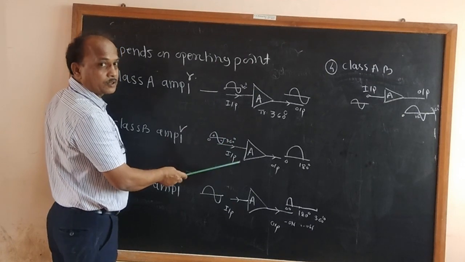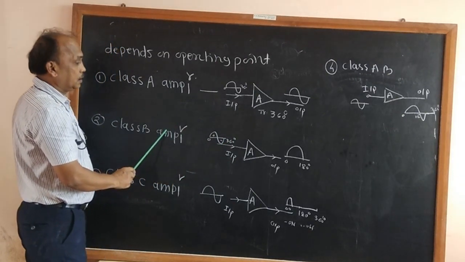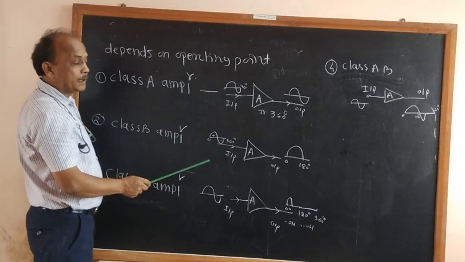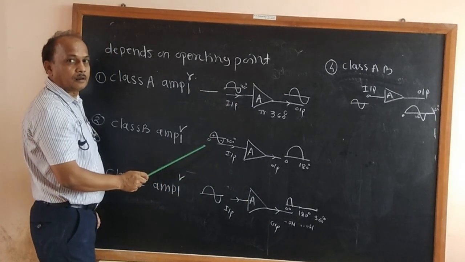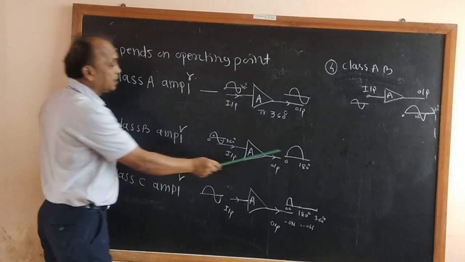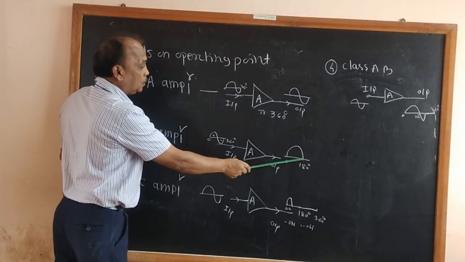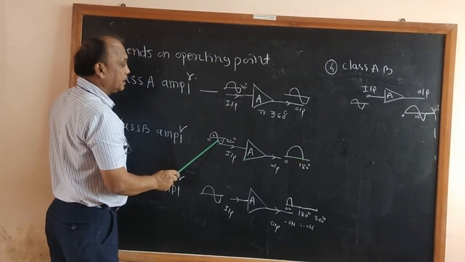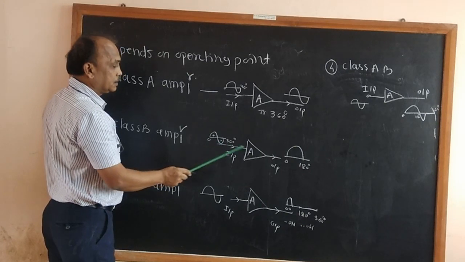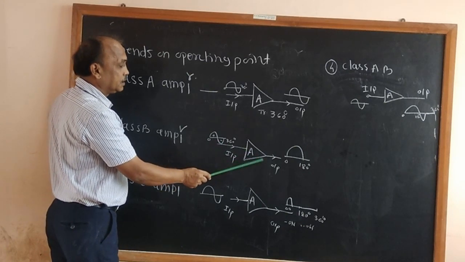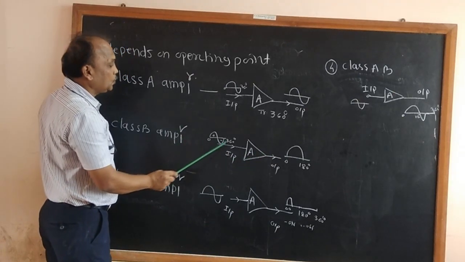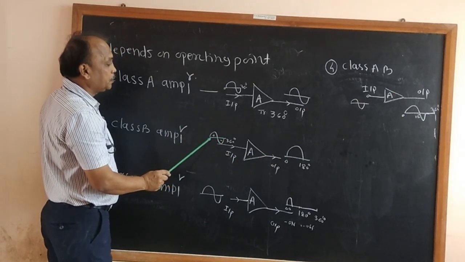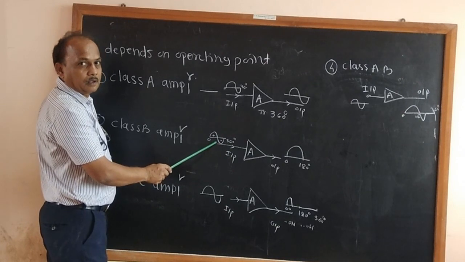Now the definition: a class B amplifier is an amplifier which amplifies the input signal from 0 to 180 degrees only. For the rest of the cycle, that is the negative cycle, the transistor remains in the off state. So the transistor works only for 0 to 180 degrees, or only for the positive half cycle.